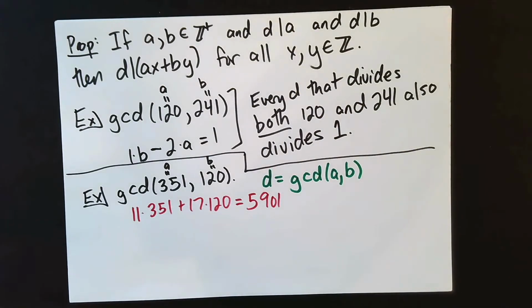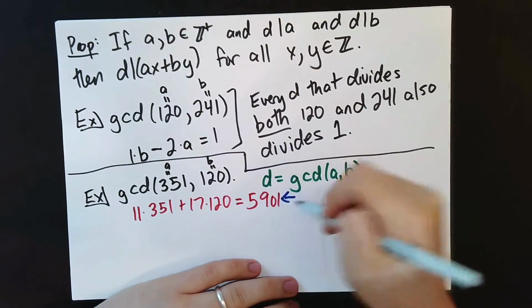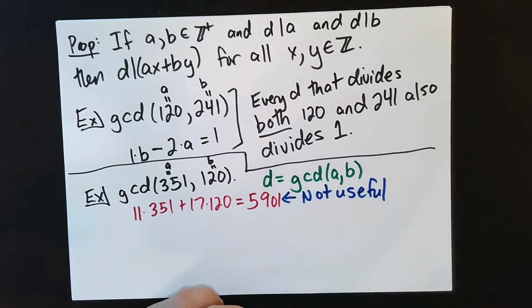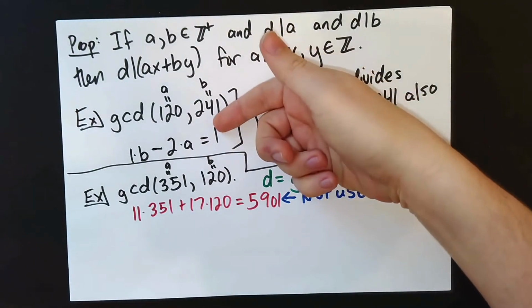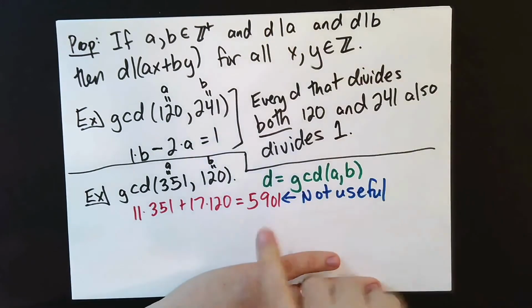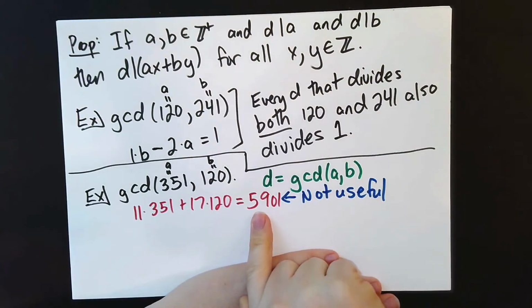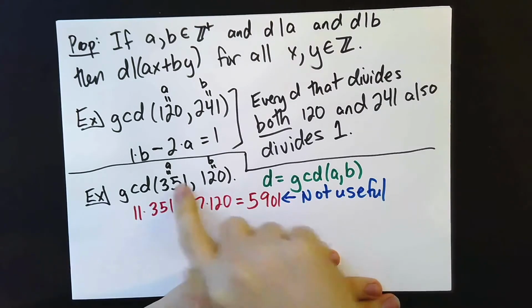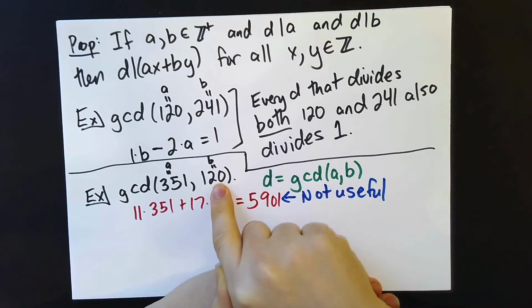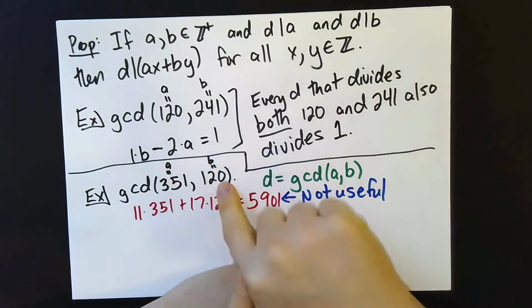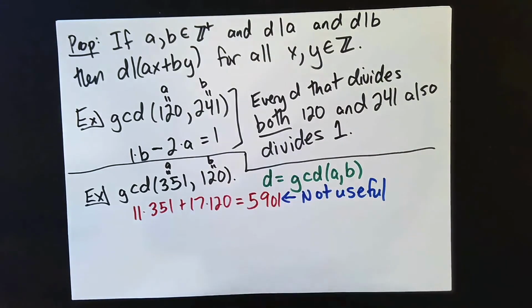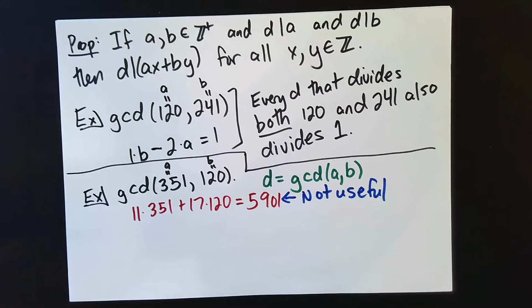So how is that useful? Well, it's not. Why is it not useful, whereas our example up here was? The reason why it's not useful is that 5,901 is actually larger than both of these numbers, and so I'm going the wrong way. My goal here is to produce a combination that is smaller than either of these numbers. And in fact, the way we're going to do this is going to be to use the division algorithm.